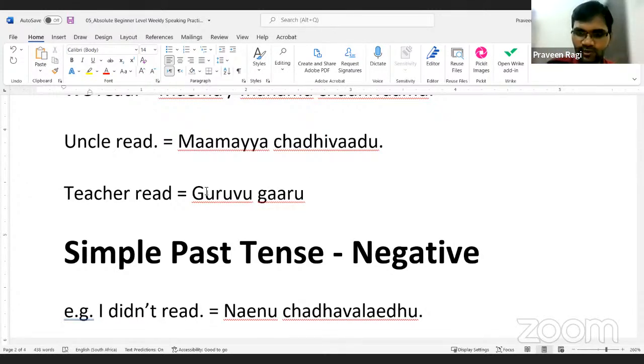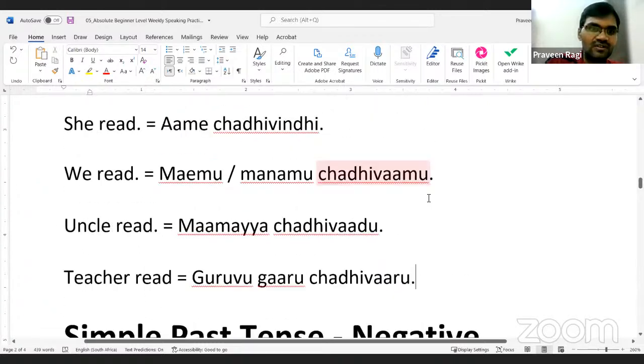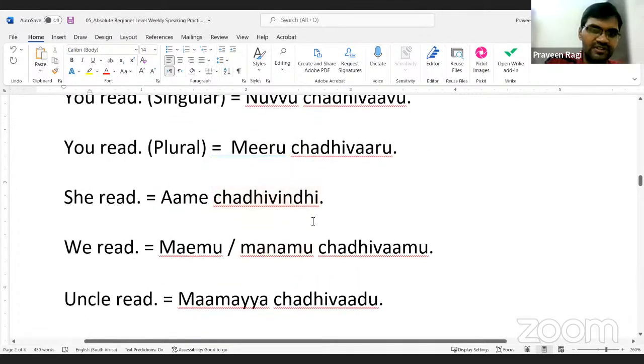Varu chadivaru. So similarly, that ru will come at the end. Guru garu chadivaru. To show respect, we use the plural form of you, that is miru.